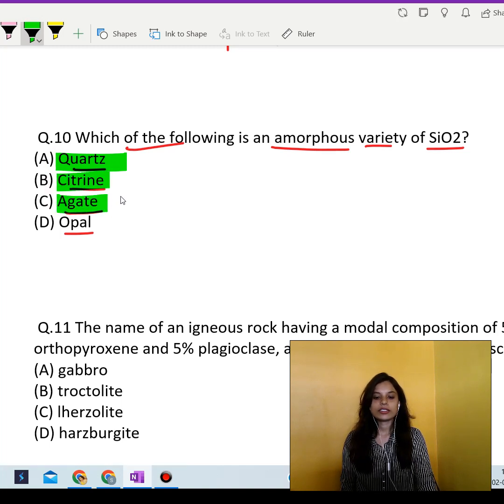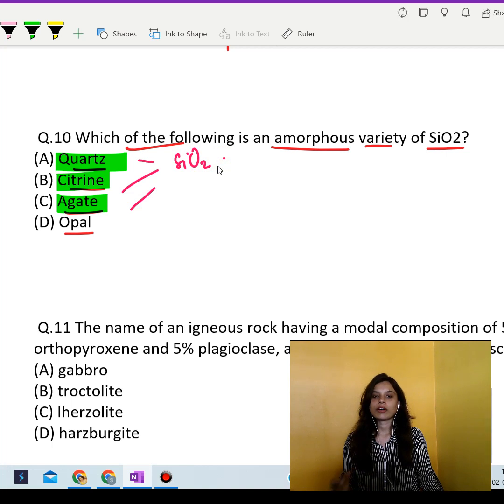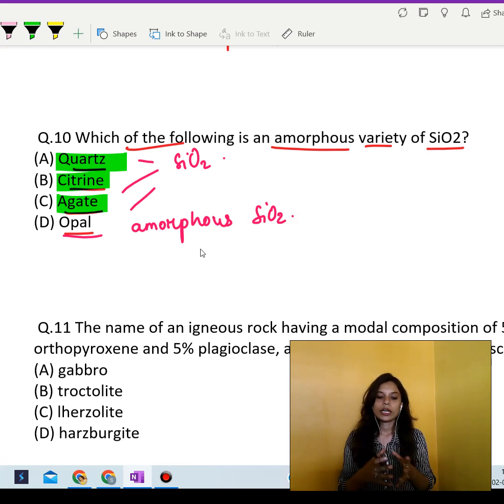Now, these three are all the crystalline varieties of SiO2, and this means that their atoms are arranged in a regular repeating pattern forming a crystal structure. Okay, and coming to opal, opal on the other hand is an amorphous variety of SiO2. Okay, and this means its atoms lack a definite ordered arrangement and instead form a random glass-like structure.